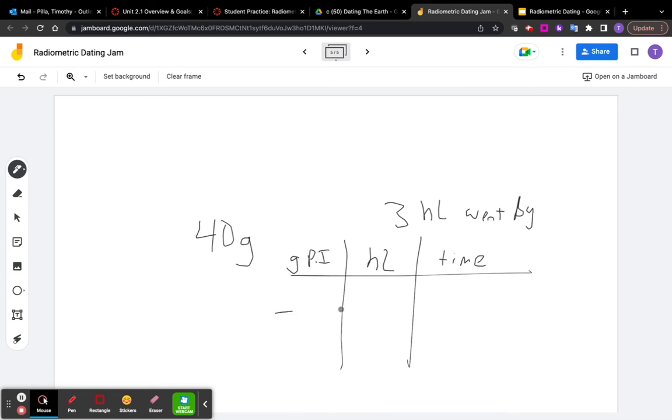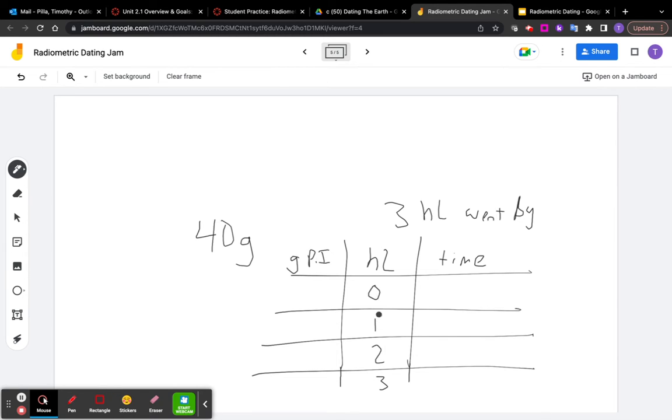We have half-lives. They are giving us some information. They know 3 half-lives went by. So we know that 1, 2, 3 half-lives have gone by. And we know that at 3 half-lives, there was 40 grams.